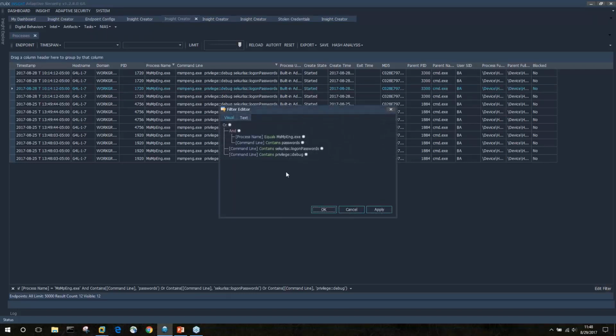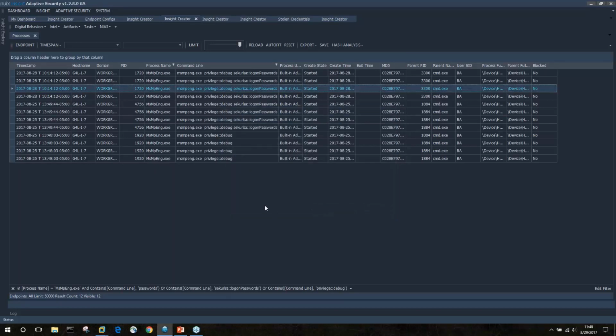And I could certainly search just for the commands that I know are used to run Mimikatz. In this case, I'm actually looking for the process name, and I want to see any case in which the command line for that process name contains passwords, which is going to tip me off that it's being used for this particular purpose.